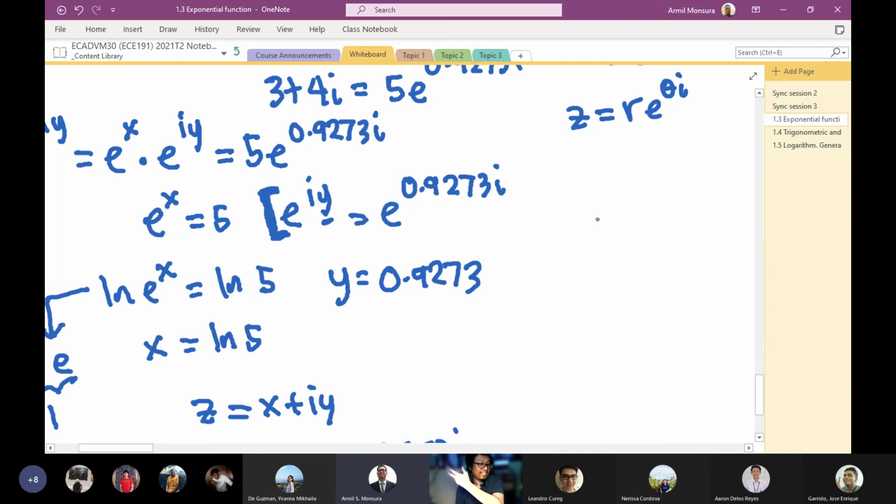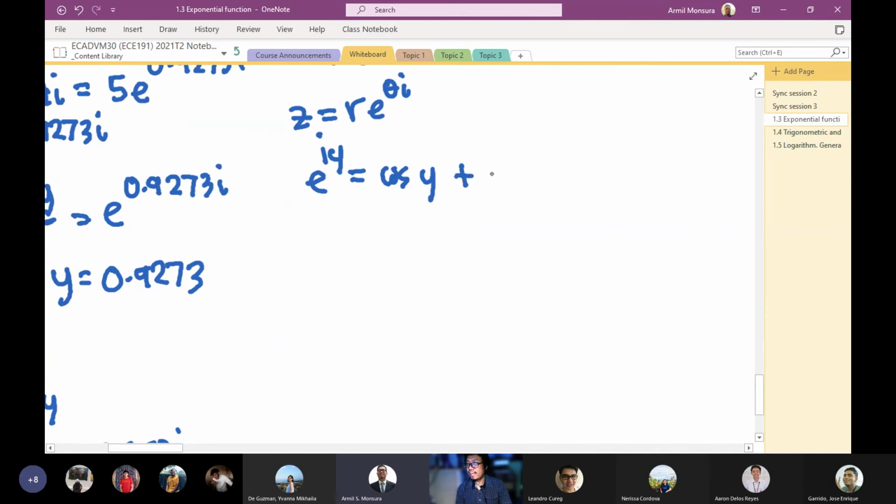Again, as we have stated kanina, binigyan natin ng mahaba-habang discussion yun, that e raised to iy is cosine of y plus i sine of y.